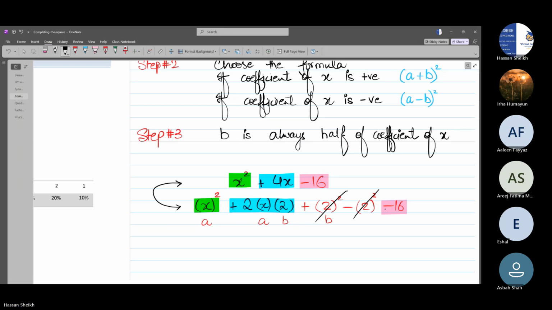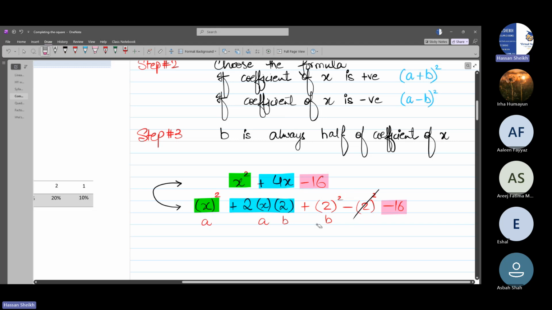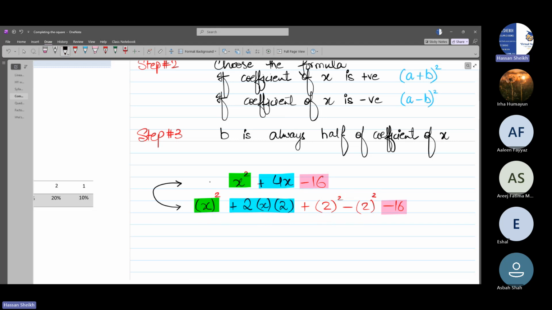Yes. But the question is why we are doing it so. Because we need to make it a complete square. Do you agree that this entire blue underlined portion is a square plus 2ab plus b square?